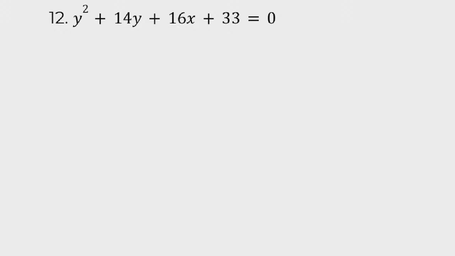So this one we know right away it's going to be a parabola because only y is squared. So I'm going to move these two to the right-hand side so that we can get the y's by itself. So that means I'm subtracting 16x and subtracting 33.